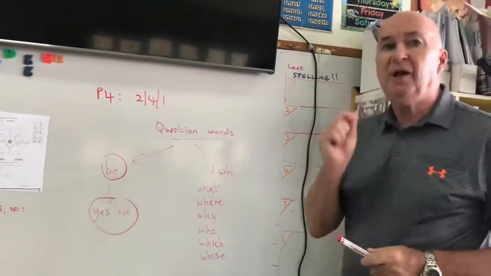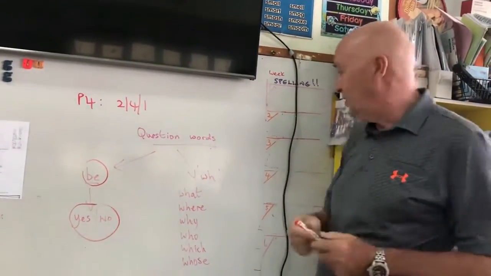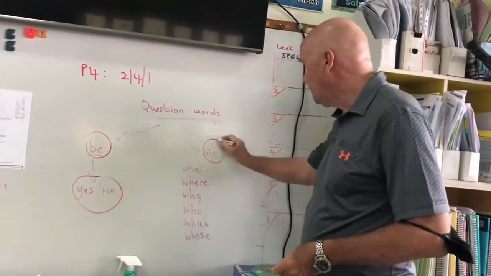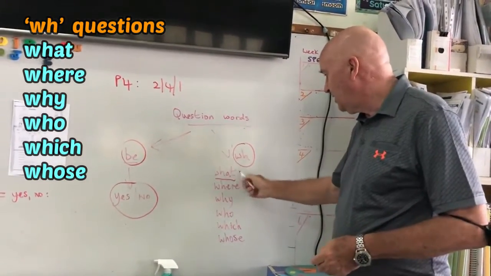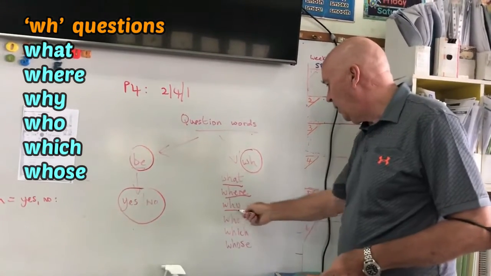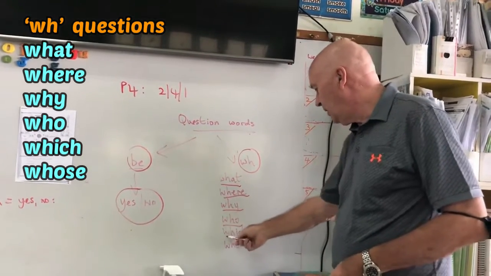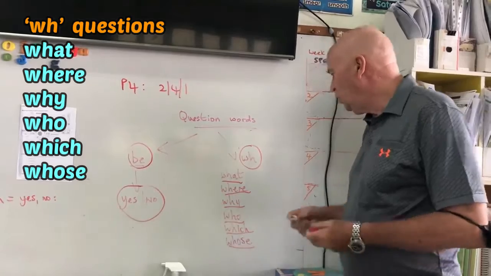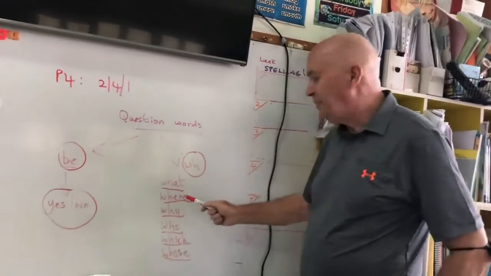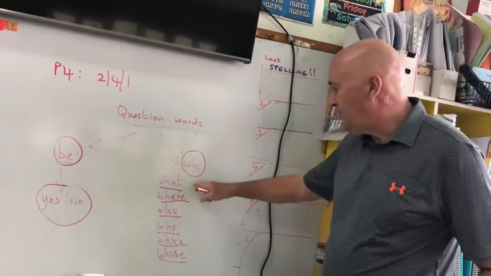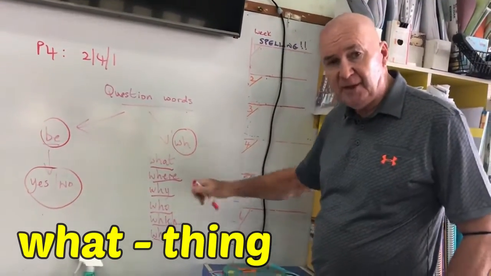Now, we also have other question words, most of them spelling with WH. What, where, why, who, which, whose. Now for those words, if it's what, the answer will be a thing.